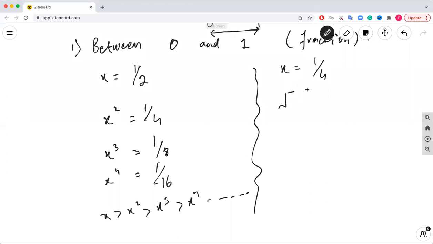If I take the square root of this number, what will be the result? This will be 1/2. If I take the cube root of this number, this will be some value with denominator 1 point something, and this goes on. So tell me whether x is greater or the square root of x is greater.